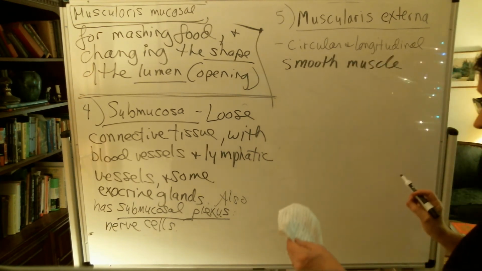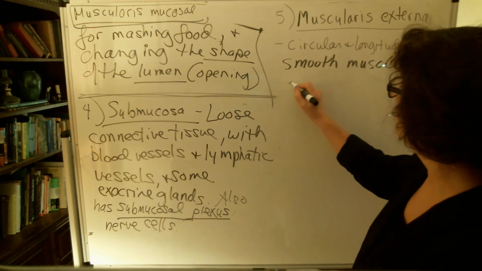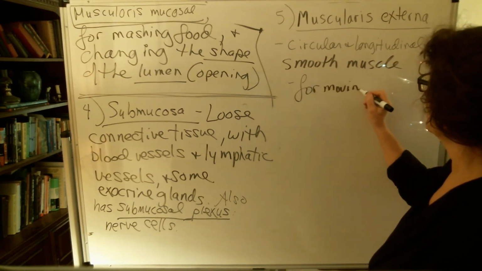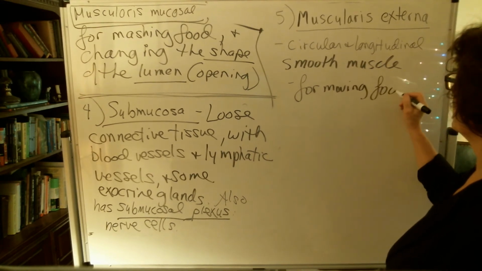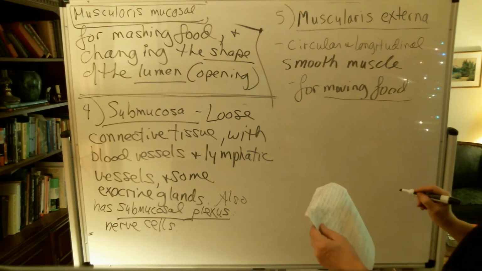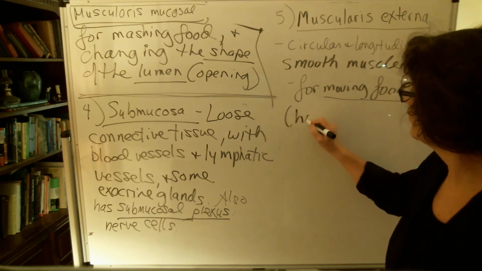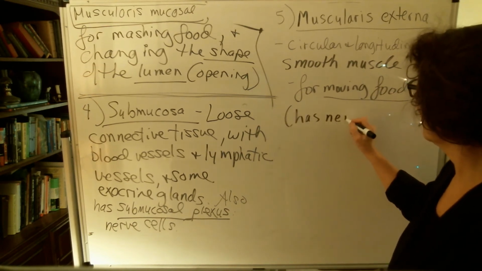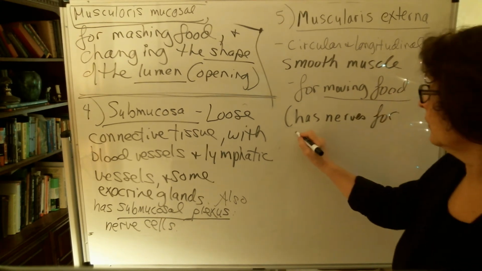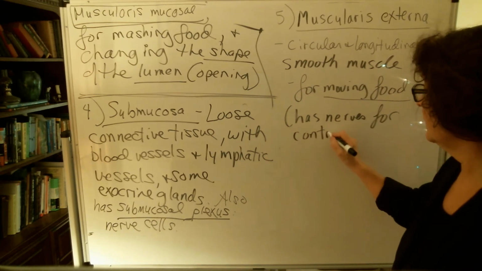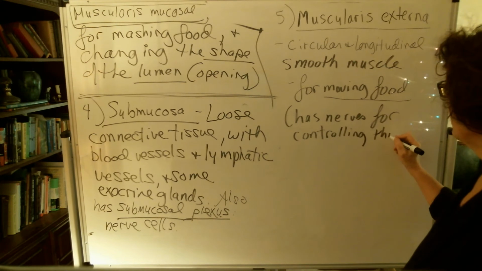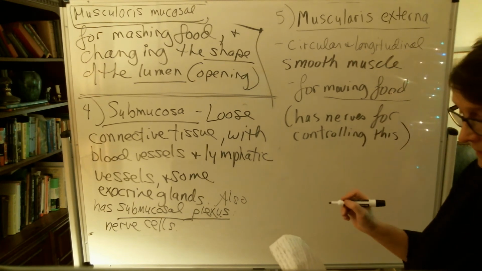So we have here smooth muscle, and this now is for moving food. And it has nerves for controlling this. You don't have to think about it happening. It just happens. That's the way that smooth muscle works.